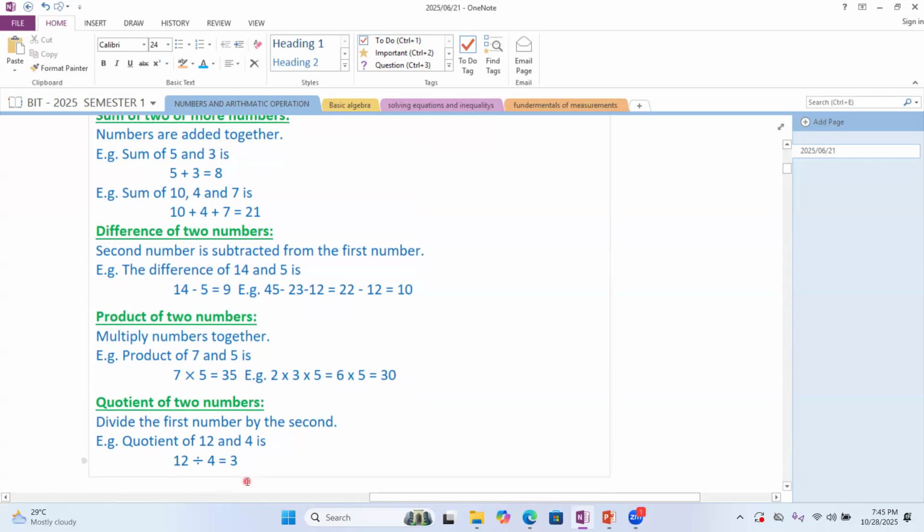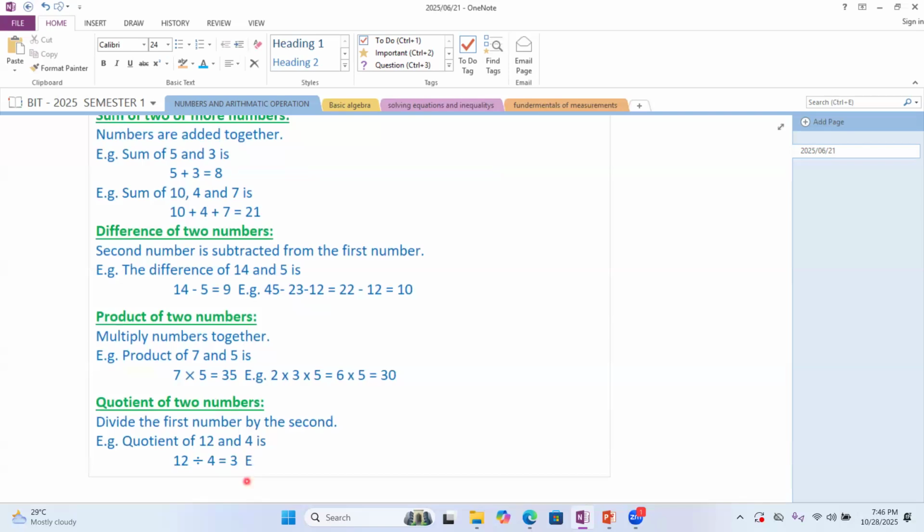So you can ask another question: how can we divide more than two numbers? The order is from left to right.